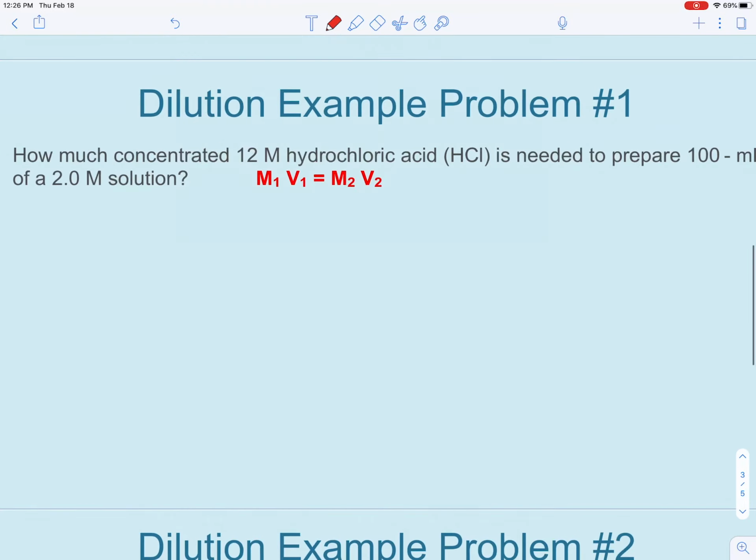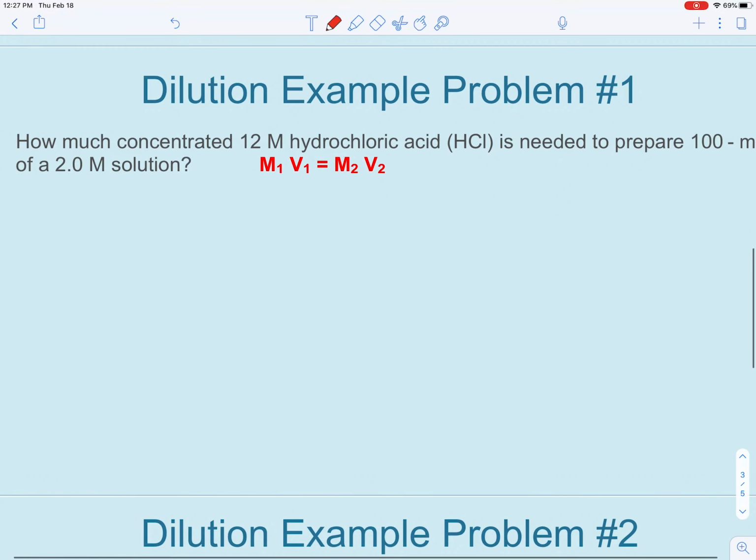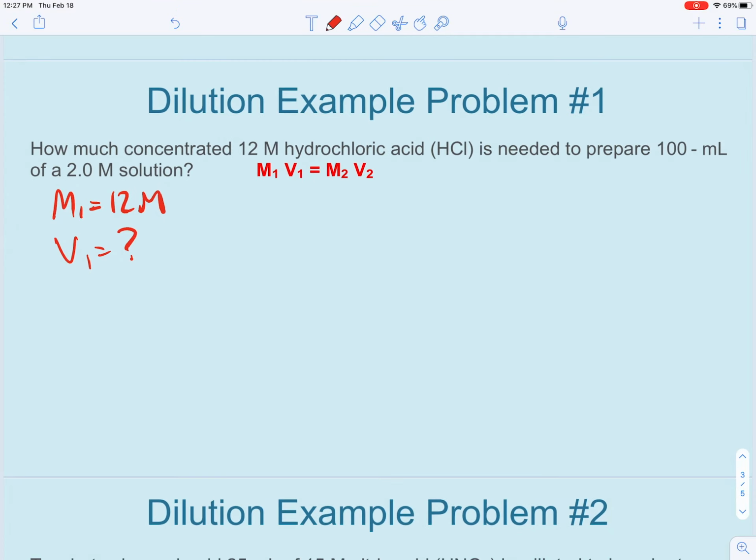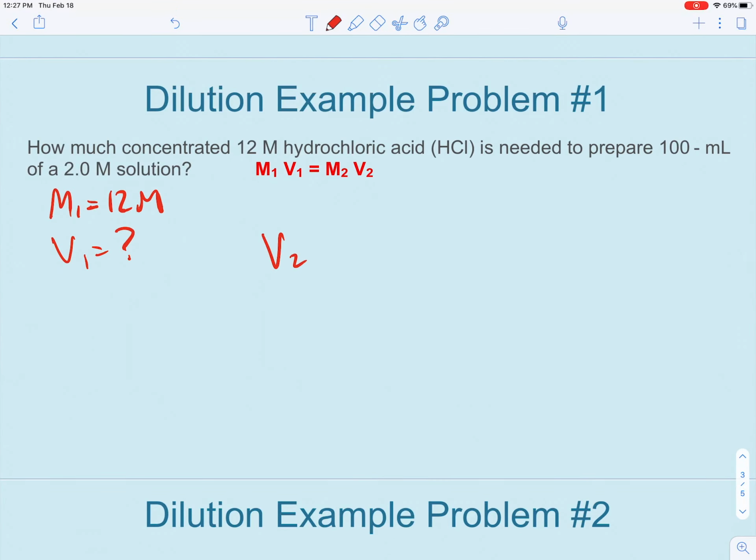How much concentrated 12 molar hydrochloric acid, so right away we've got M1, we don't know the volume, is needed to prepare 100 milliliters, so I've got V2, of a 2.0 molar solution, so I've also got my second concentration here. Great, they give us all the numbers we need. All we have to do now is plug in these numbers.